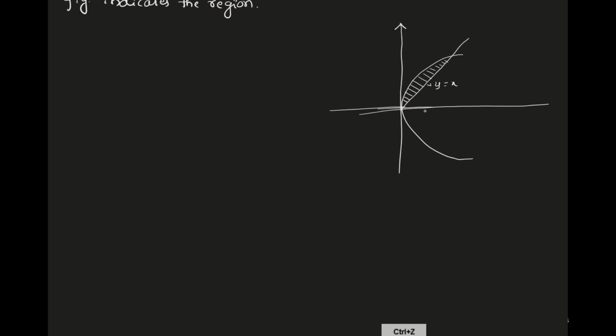This is the intersection point, and this is the intersection point with the x axis. So this is y equal to root x. This point is (1, 1), this is (0, 1), this is the origin (0, 0), and this is (1, 0) on the x axis. So that is your region R. Clear?